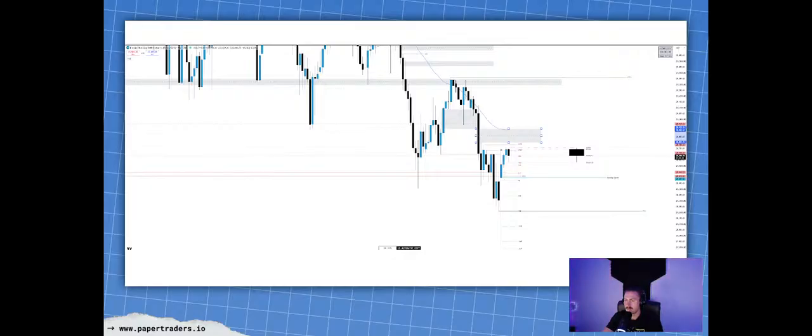Here we see that price has an FVG that has yet to be retested, so we have this fair value gap from 28,922.25 to 28,801.25.